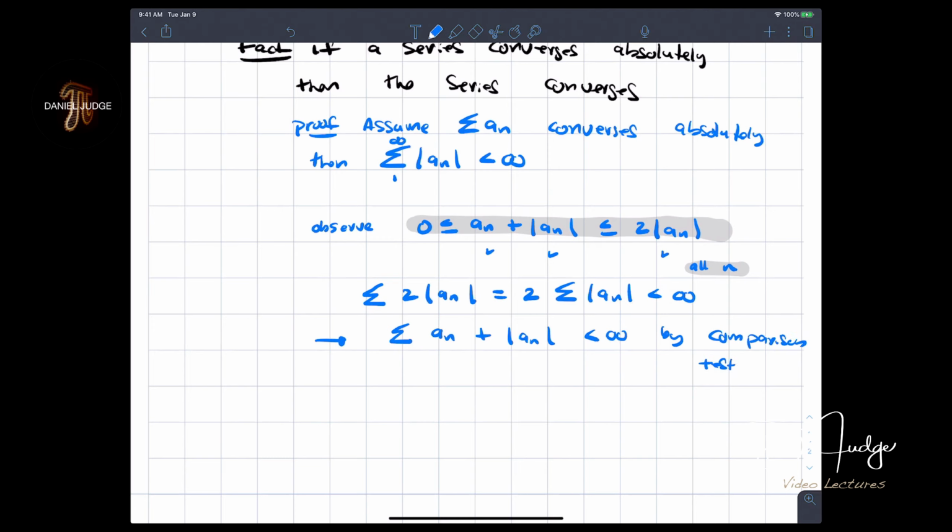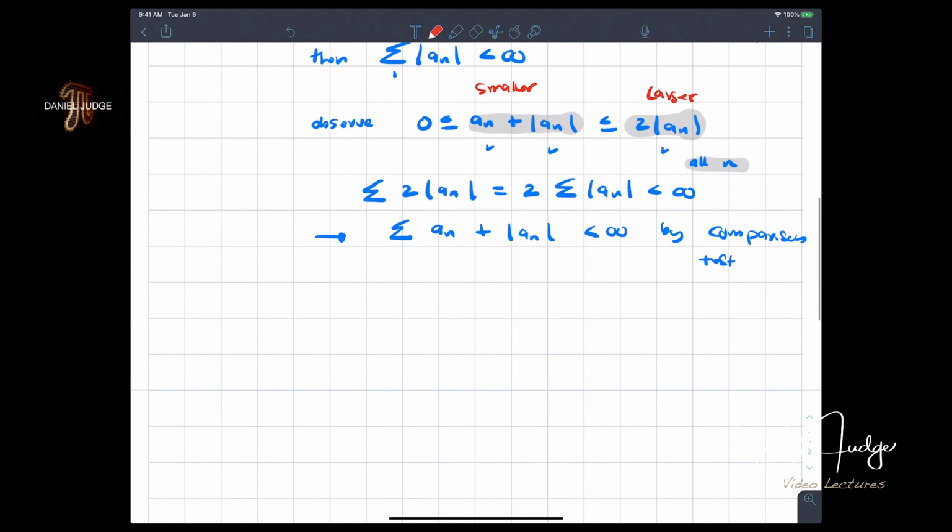Because if you look back at these particular terms right up here, this version and this version, if we have the larger series converges, that implies that the smaller series converges. And that's by the comparison test. So we know this is also convergent.